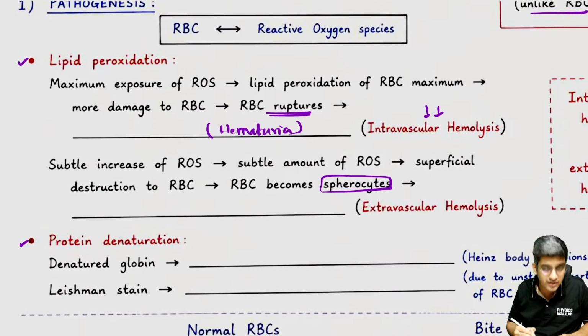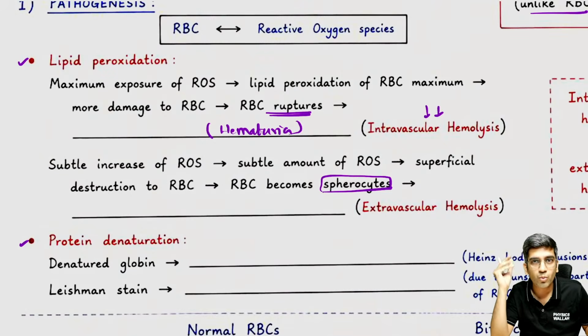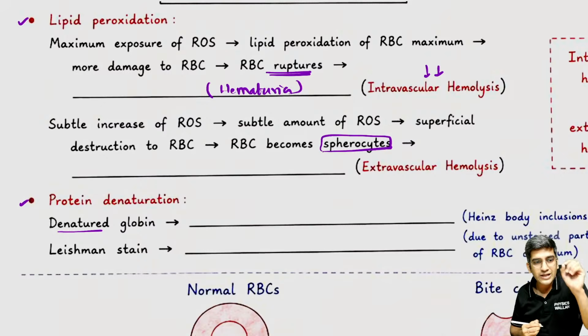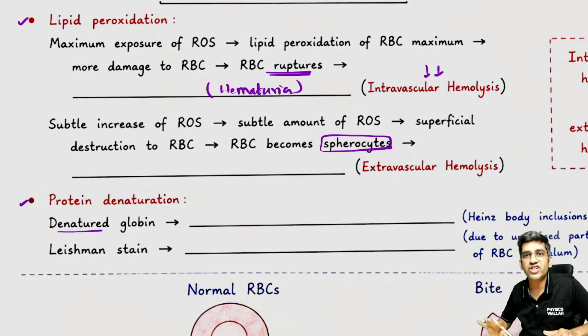Next, reactive oxygen species cause protein denaturation. The protein has been destroyed. What is the most common protein which comes to your mind in RBC? Hemoglobin. Globin is being destroyed, so you'll have denatured globin. If I destroy a protein, what will happen to it? Right from your undergraduate days, first year biochemistry, you destroy a protein, it becomes a coagulum.